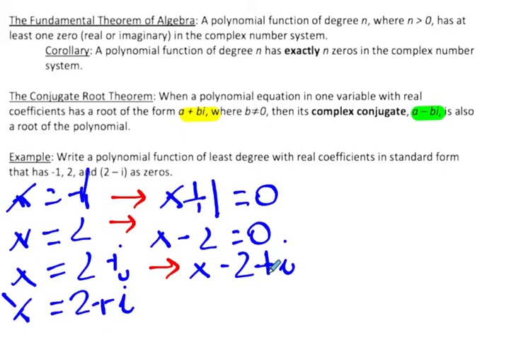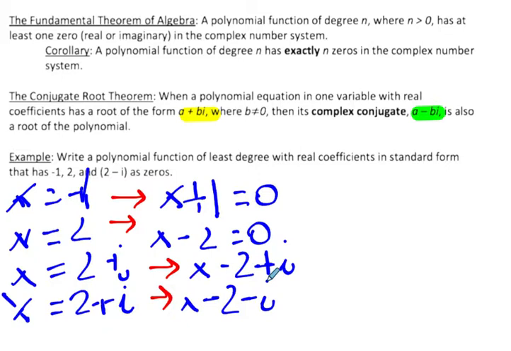And then for our last one here, if we have x equals 2 plus i, then that would have come from x minus 2 minus i. So we're going to think backwards again, even more here.